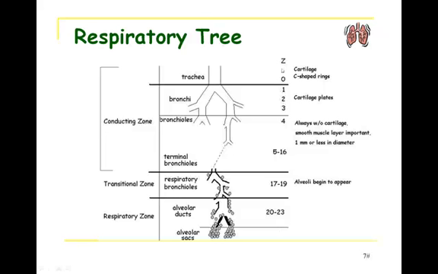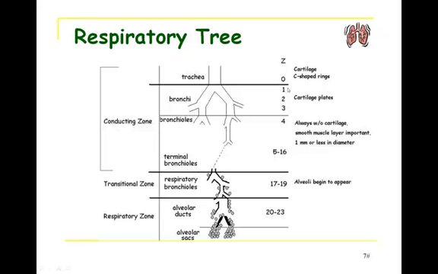Now, what you need to know with the numbers of the generations is that the first 17 generations, which includes 0 through 16, comprise what we refer to as the conducting zone.